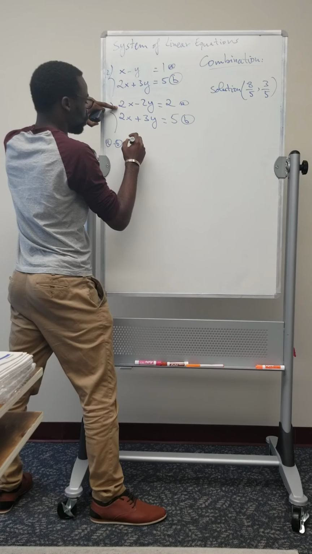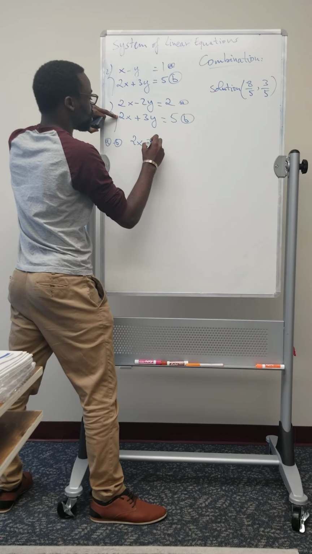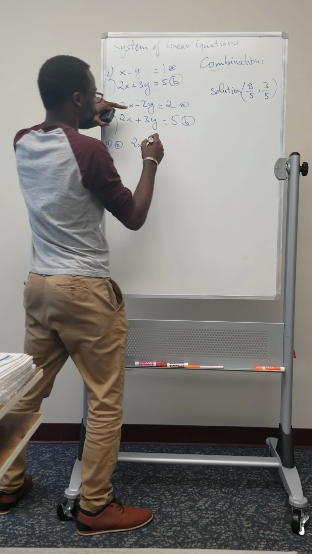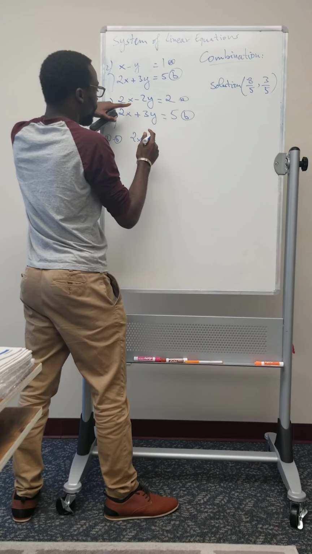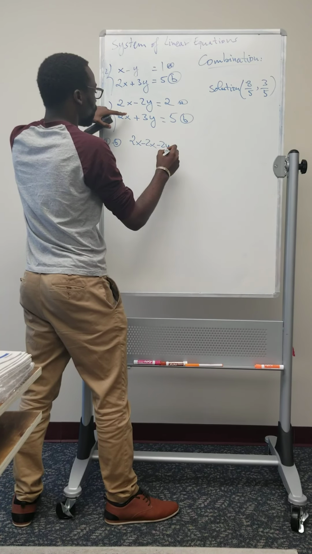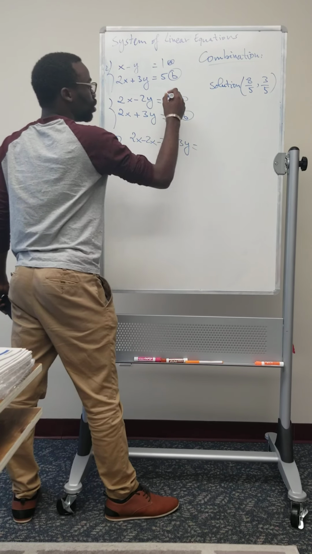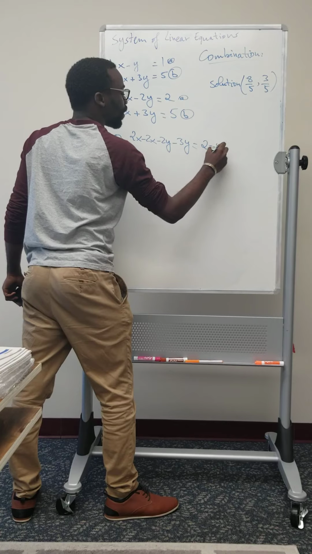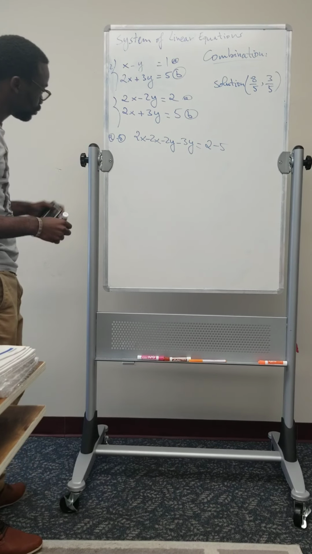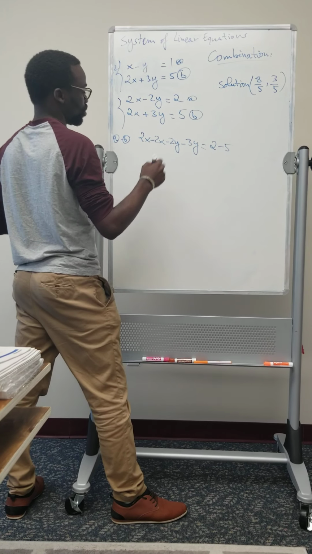I will have what? 2x minus 2x, minus 2y minus 3y equal 2 minus 5. And now, what do I have? 2x minus 2x becomes 0.